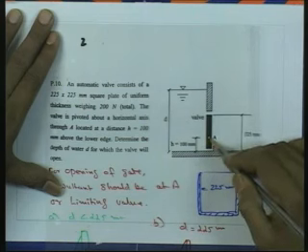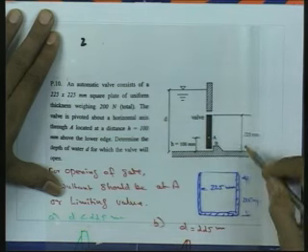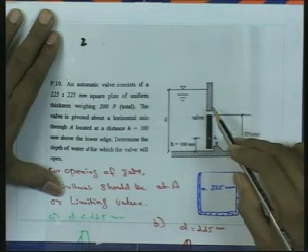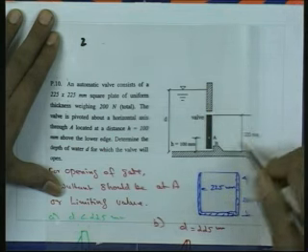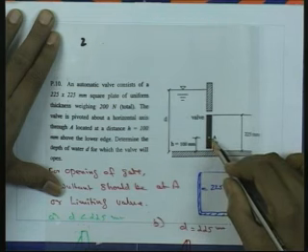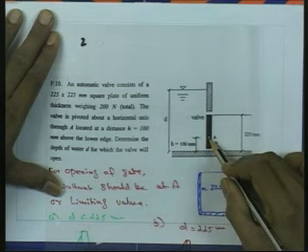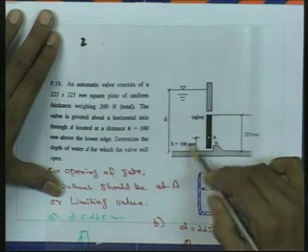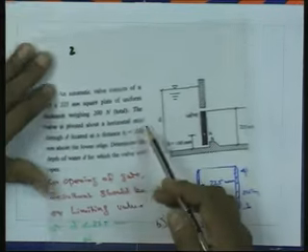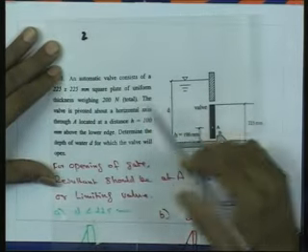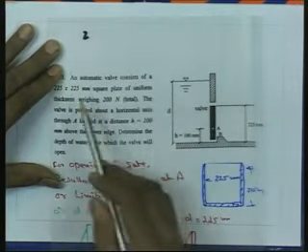There is a valve here which is hinged at this point, and on the downstream side of the sluice gate the water depth is 225 millimeter, and the gate is pivoted at a height of h is equal to 100 millimeter.